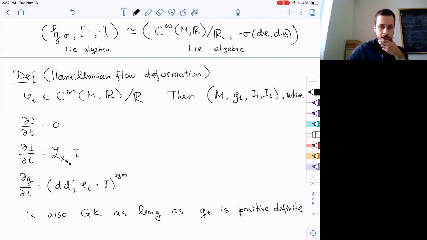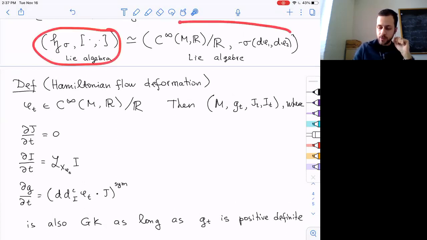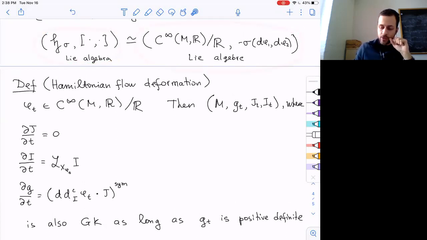Okay. So let's look a little bit at this definition. What it essentially allows us to do is give a local action of a group with this Lie algebra on the space of generalized Kähler structures on a given manifold.